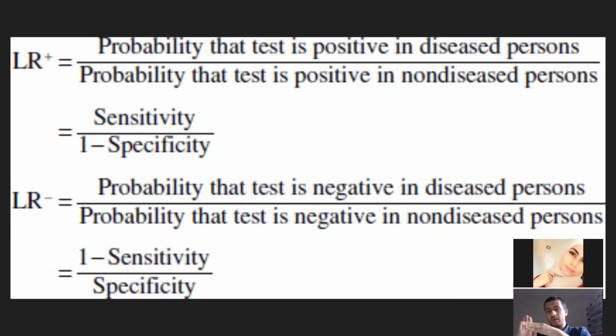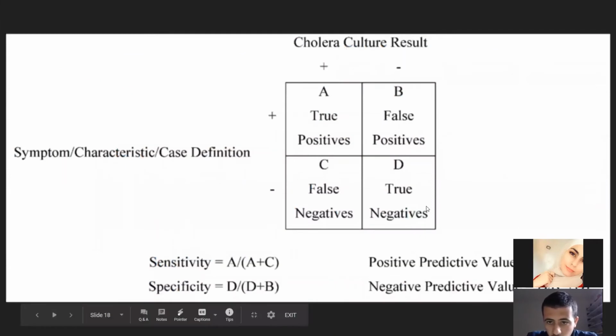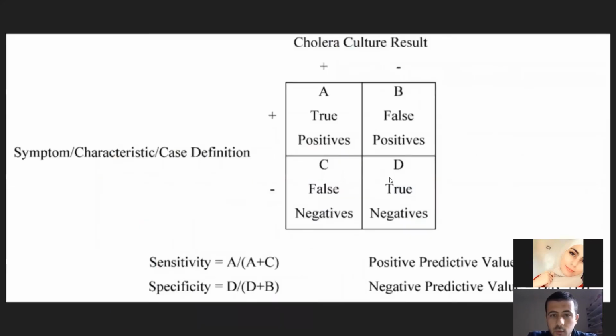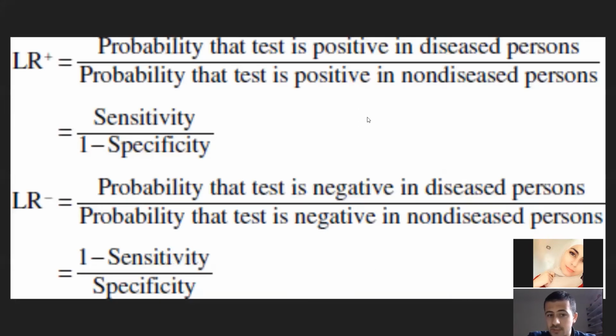Those who are negative and diseased on those who are negative and not diseased. Negative in a diseased, what does that mean? Sorry, I'm truly sorry about this. Negative in a diseased person, C on A and C, which is 1 minus sensitivity, on negative in a not diseased person, D on D and B, which is specificity.